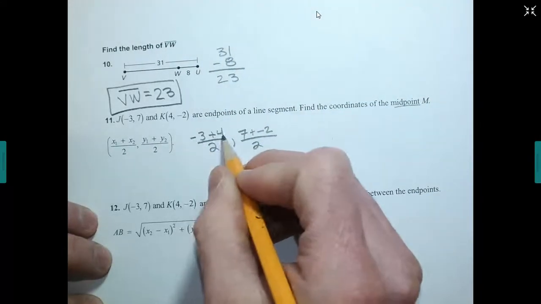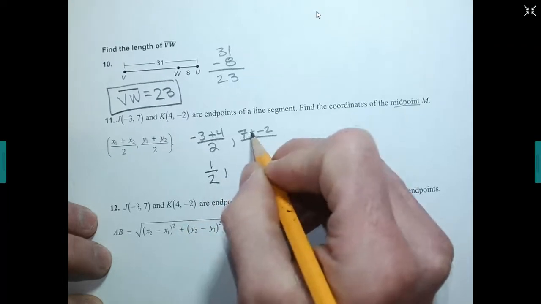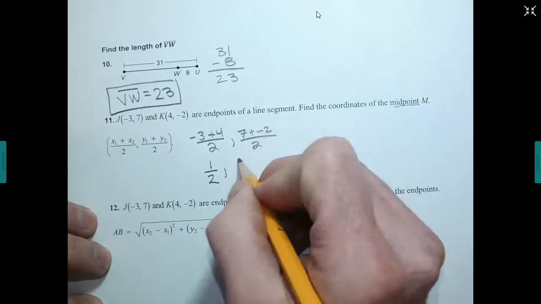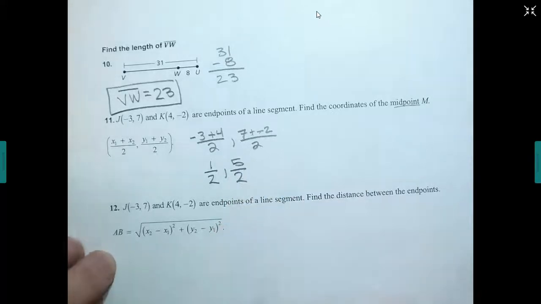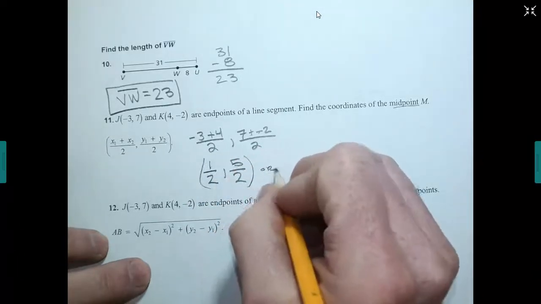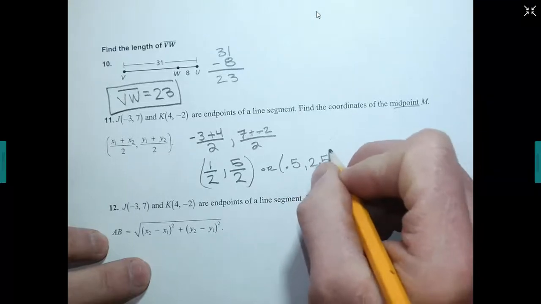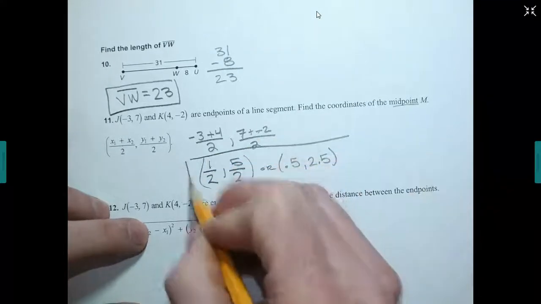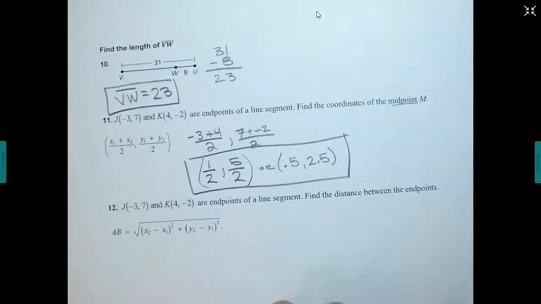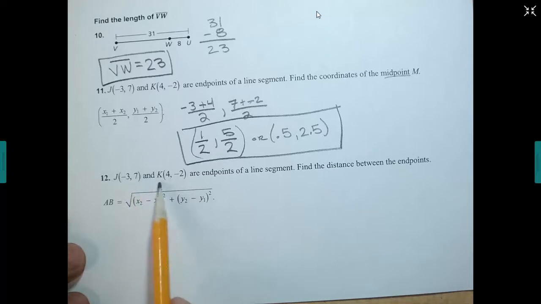So negative 3 plus 4, that'll be 1 over 2. 7 plus a negative 2, that's 7 minus 2, that'll be 5 over 2. So you got 1/2 and 5/2, or you could rewrite it as 0.5 and 2.5. Either way is correct.